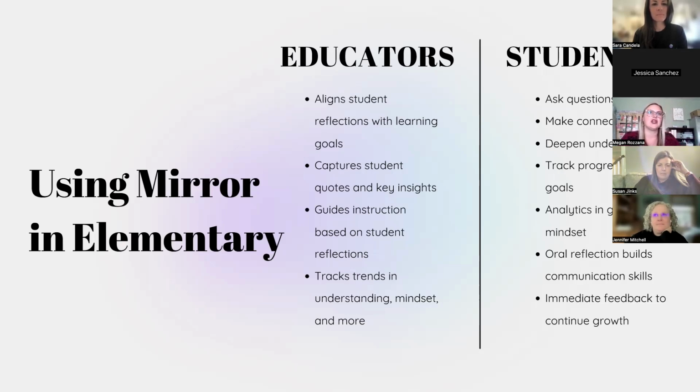And then the AI quickly generates prompts for me based on that goal for my students. It also captures student quotes and key insights, which I'm going to share here in just a moment with you guys. It provides me with next steps to guide my instruction based on the student reflections and how it was scored by AI.